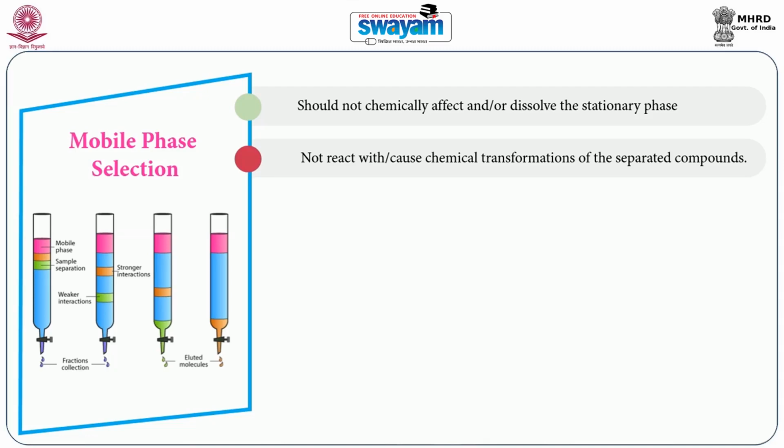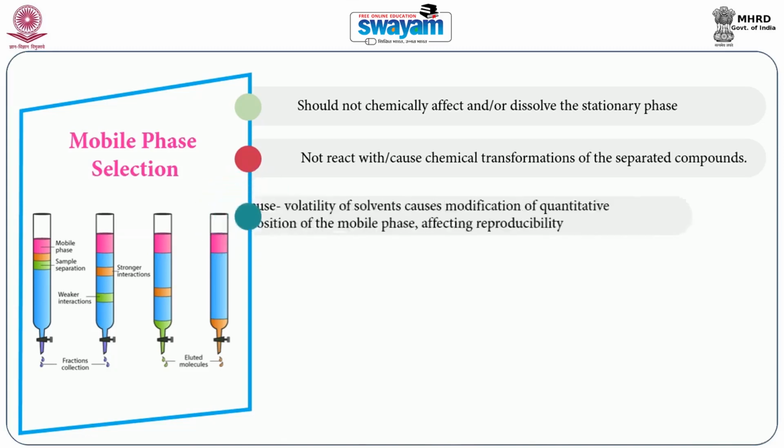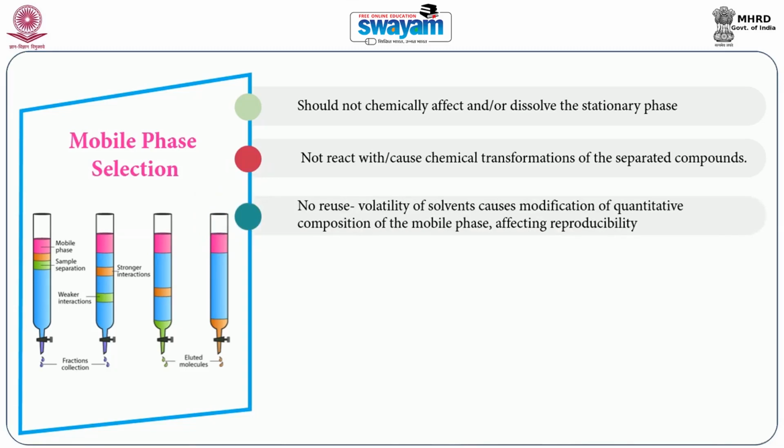Then ideally, because you're keeping the solvent in a tank and it is evaporating, the actual composition of the mobile phase changes. So no reuse ideally of the mobile phase, because this will affect the reproducibility. If you're trying to check whether the separation had occurred optimally and you reuse the mobile phase, it may not give you the same results.